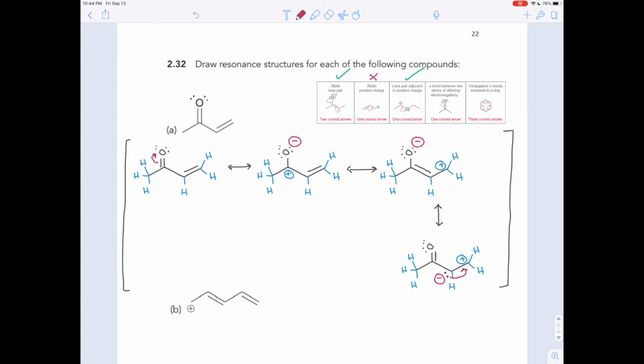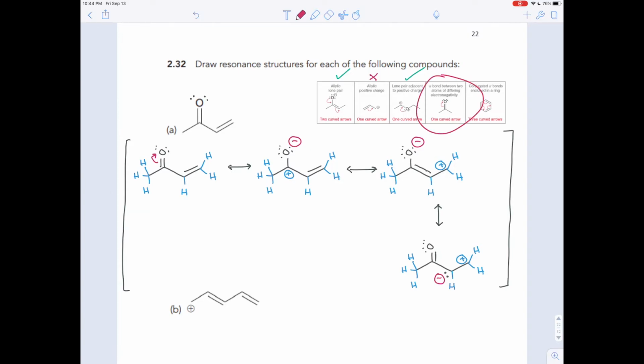But notice the structure that you'd get from that would be the very first structure that you ever drew. So we already took that into account. So we do have that third resonance pattern, but we've already drawn the structure you'd get from it.